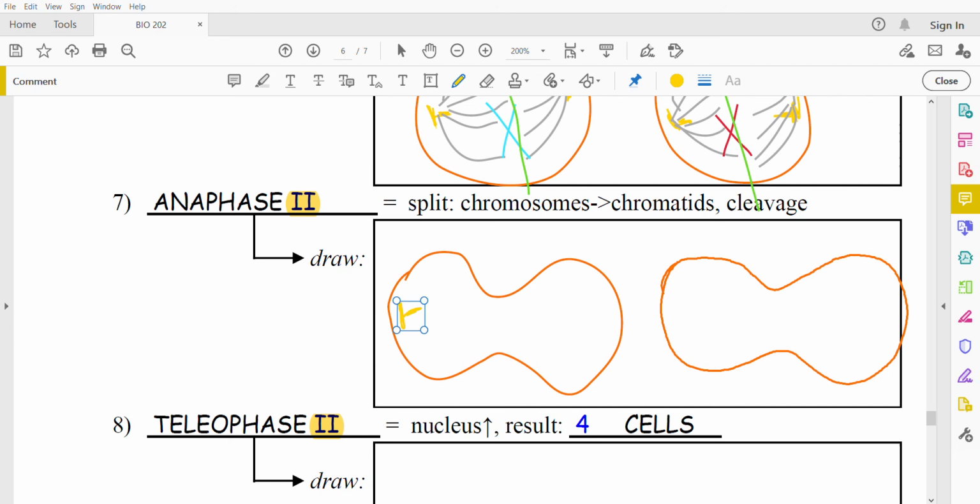I think that this is a concept that's kind of hard to imagine, so at least drawing it out helps a lot of students. So that's why I'm doing it visually. So let's see what happens during anaphase 2. Just let me add these couple of last structures.